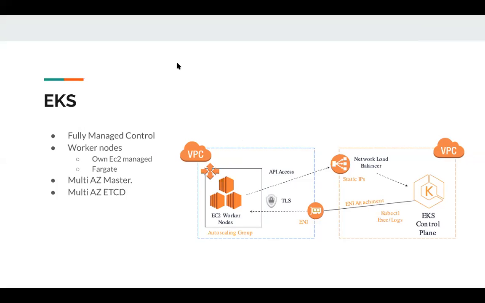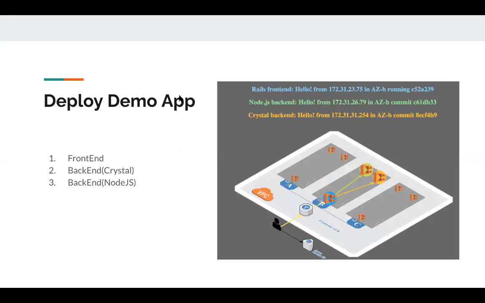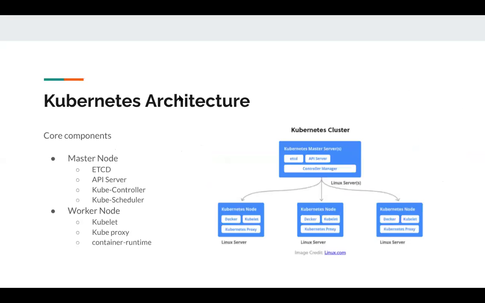In a worker node, apart from pods, what are the other components? Suppose this is your worker node.